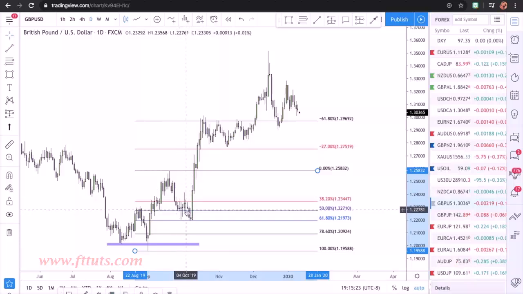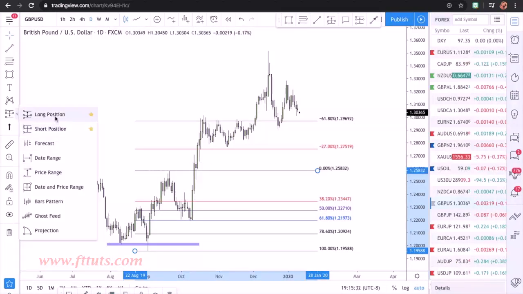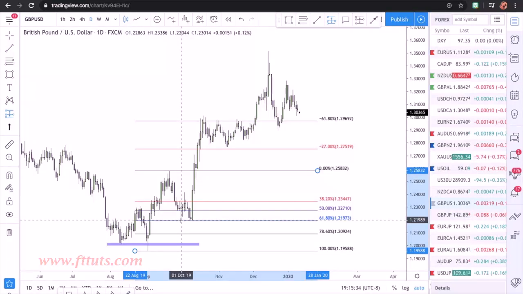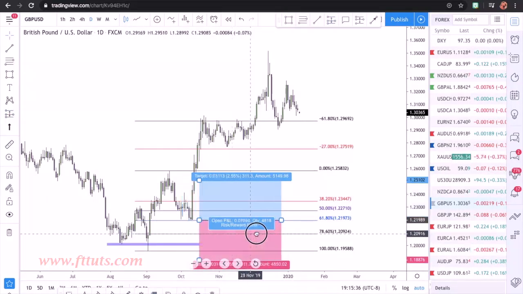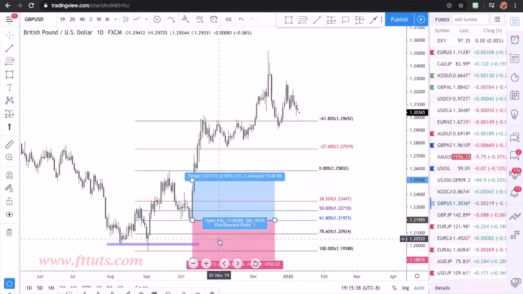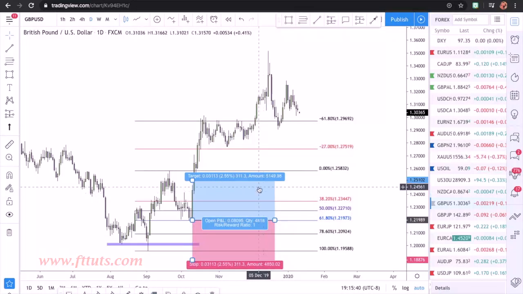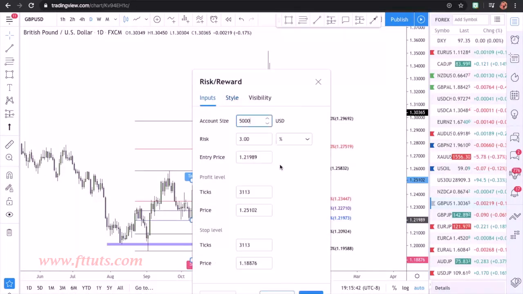So before price actually made, so this is a bullish engulfing pattern. Before price actually made this move, it tried to go lower than this, but it failed to. So what we can do is take our long position at the 61.8, 21973.